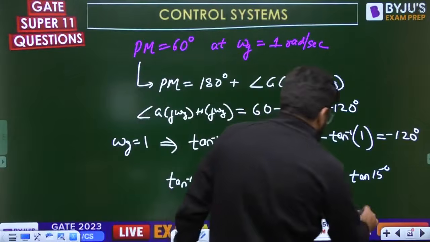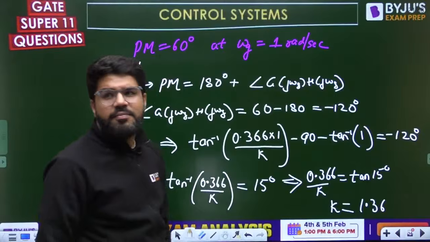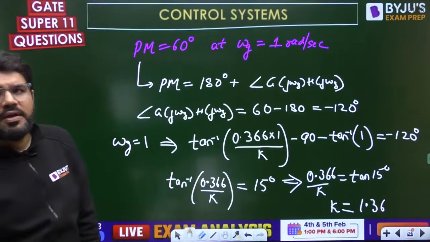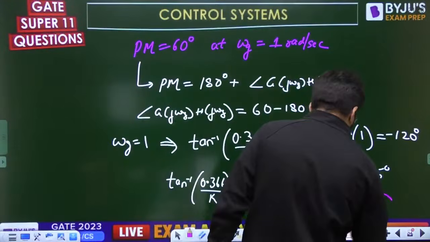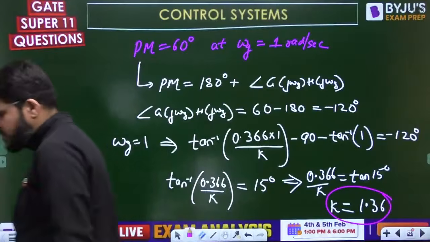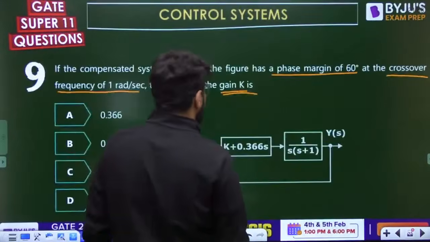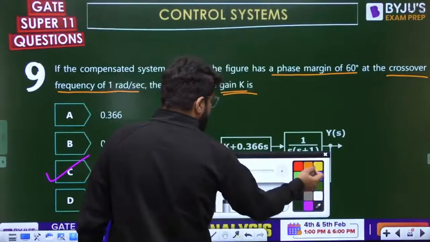The value of k is 1.36, correct? Done? This is an MCQ question. Here it is, option number C.